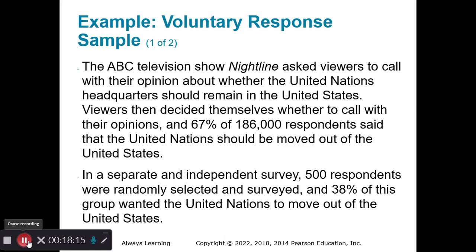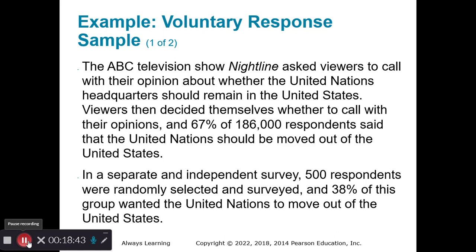I think this is a good example of how the sampling technique used could really make a difference in what you get out as data. 67% of 186,000 may seem like, wow, that's a lot of people. 186,000 people in a sample, that's huge. Maybe this is the more reliable result.